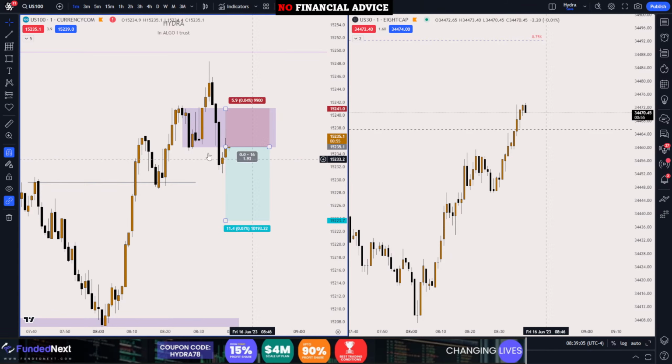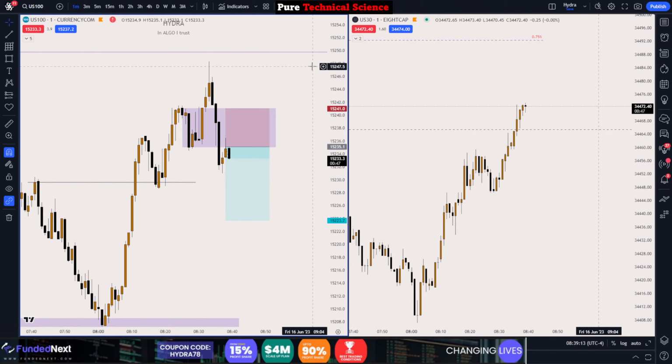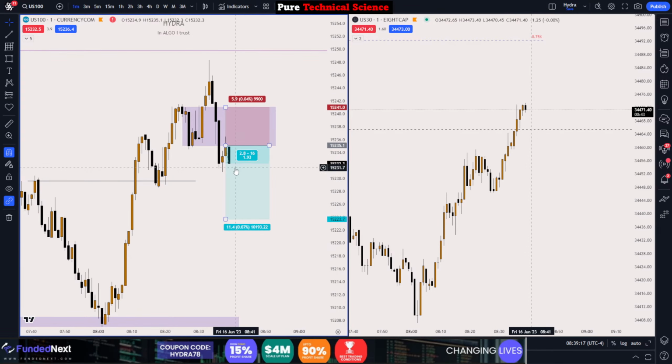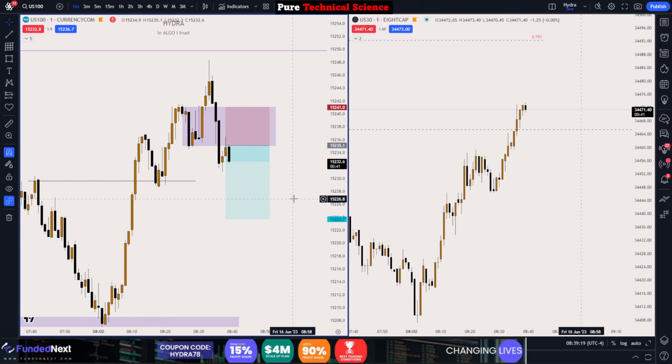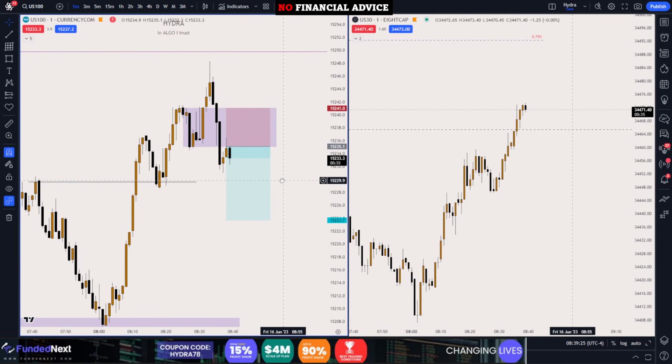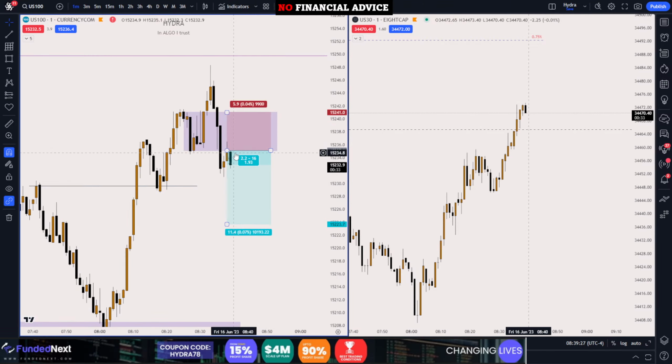Why? Price is not constantly delivering towards the buy side liquidity. It's retracing lower, it's going into discount, then moving higher, and in those small retracements you can make a lot of money. 2R is a lot of money. So that's a good rejection that I want to see from a breaker block happening.